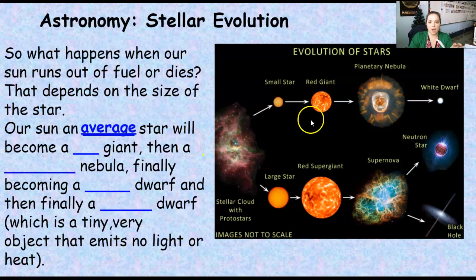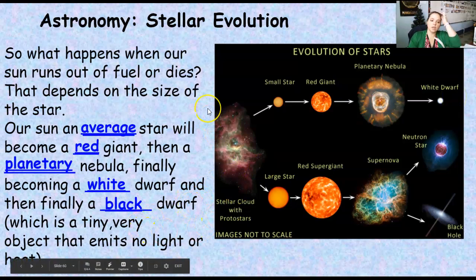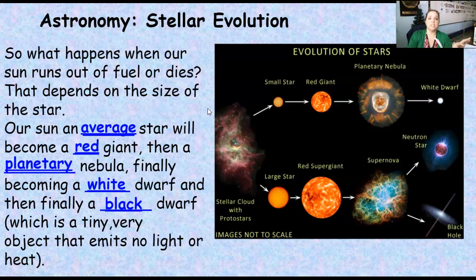And because it's average, I wouldn't say small star, it'll become a red giant. And then a planetary nebula, and then a white dwarf. And finally, a black dwarf. It doesn't have a black dwarf off here, but that's what it would become after. Which is a very, very tiny object that emits no light or heat. So it's a dead planet, in other words.